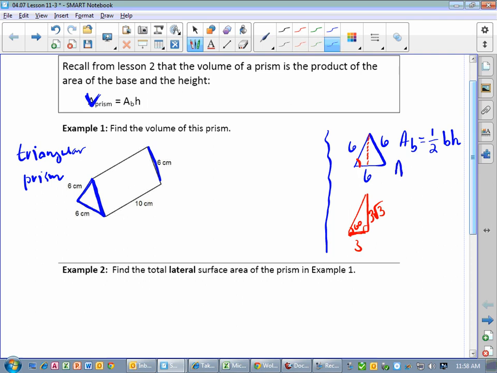So we have the area of our base, which would be 1/2 times the base of the triangle here, which is 6, times the height, which is 3 square root of 3.